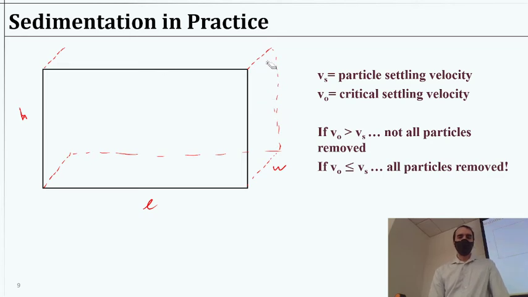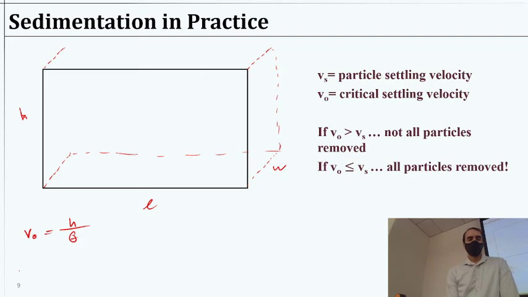And we want to know essentially how we can design the system in the most simple terms to satisfy our V naught. So a moment ago we said, for our design criteria, this is going to be equal to the height of the basin divided by the hydraulic residence time.